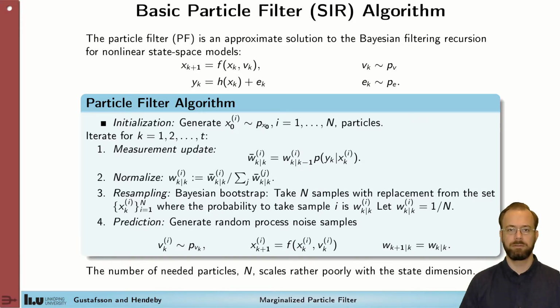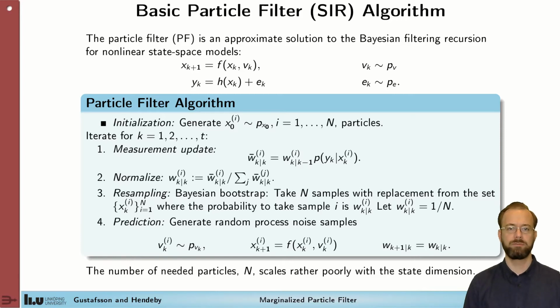The idea is to sample a large number of particles or samples from the initial distribution, and then in a two-step procedure, more or less at least, incorporate measurements to tell which of these particles fit our estimation problem well, and to propagate them forward in time using simulation. So we get this normal filtering two-stroke process where we include measurement data and we propagate things forward in time to see what happens in the future.